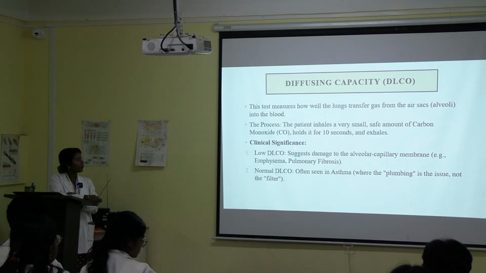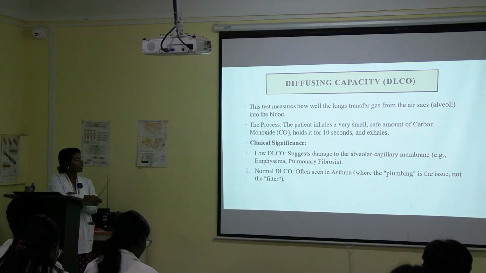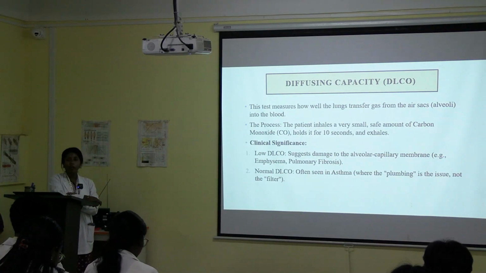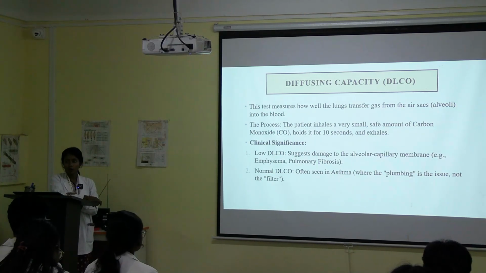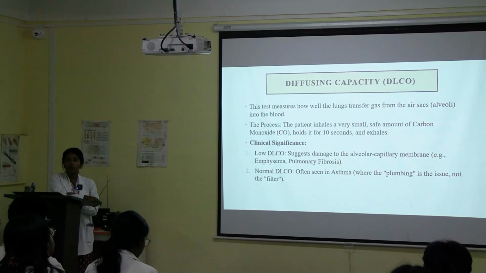If there is low diffusion capacity, that means there is some damage in the alveolar capillary membrane, like in emphysema or pulmonary fibrosis. If the value is normal, it can be seen in asthma.